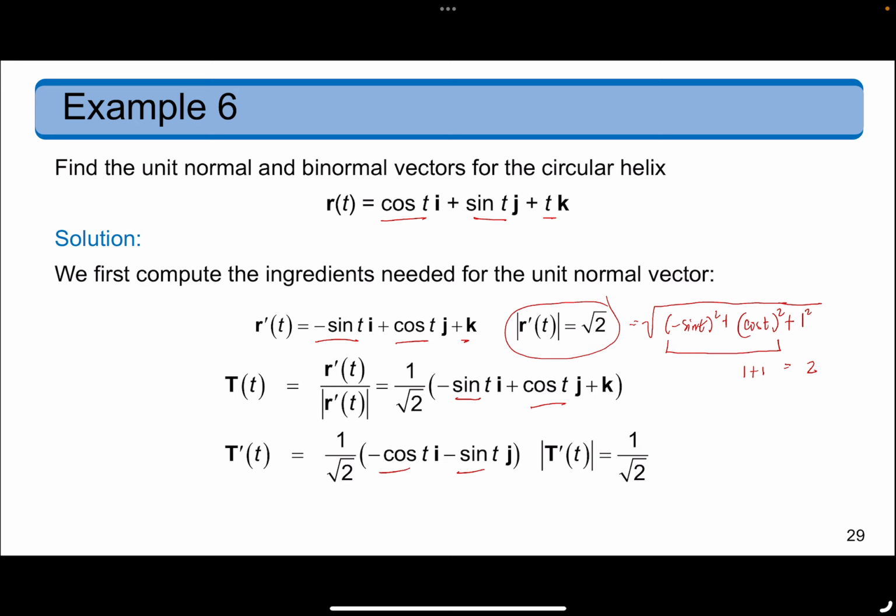So the magnitude of this T prime of t would be 1 over square root of 2 times the square root of negative cosine t squared plus negative sine t squared. That part would be 1, so it would be 1 over square root of 2.